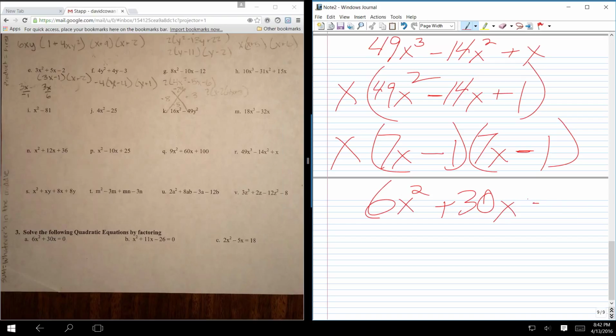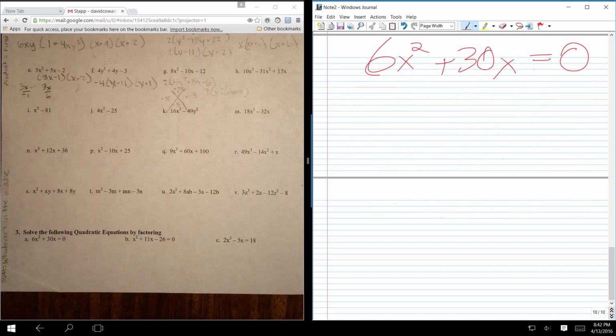What's the first thing I can do with 3a? So 3x for both. Greatest common factor. Always consider that. That's always the first step. How about 6x? 6x, yeah. In other words, I can divide that by 6x and get an even number, and I can divide that by 6x and get an even number.